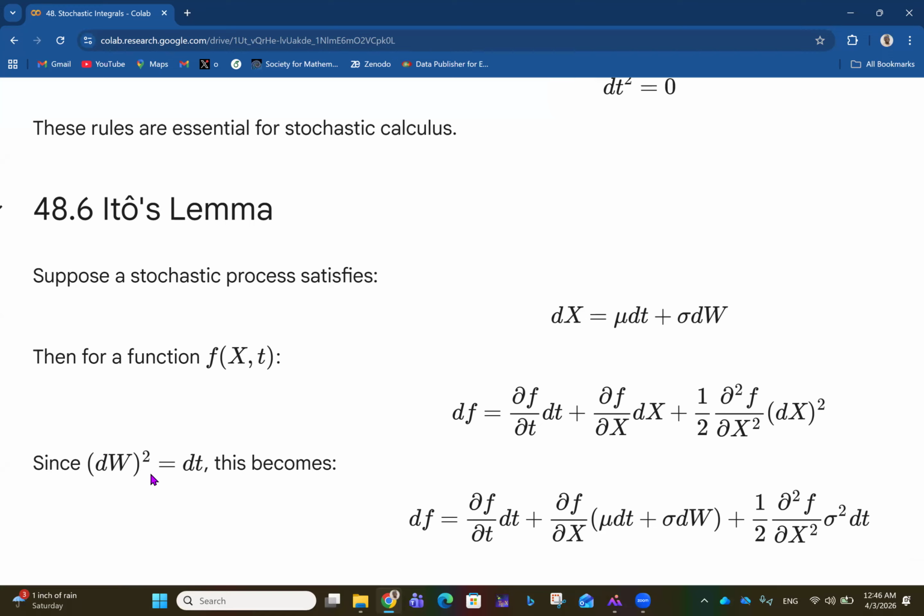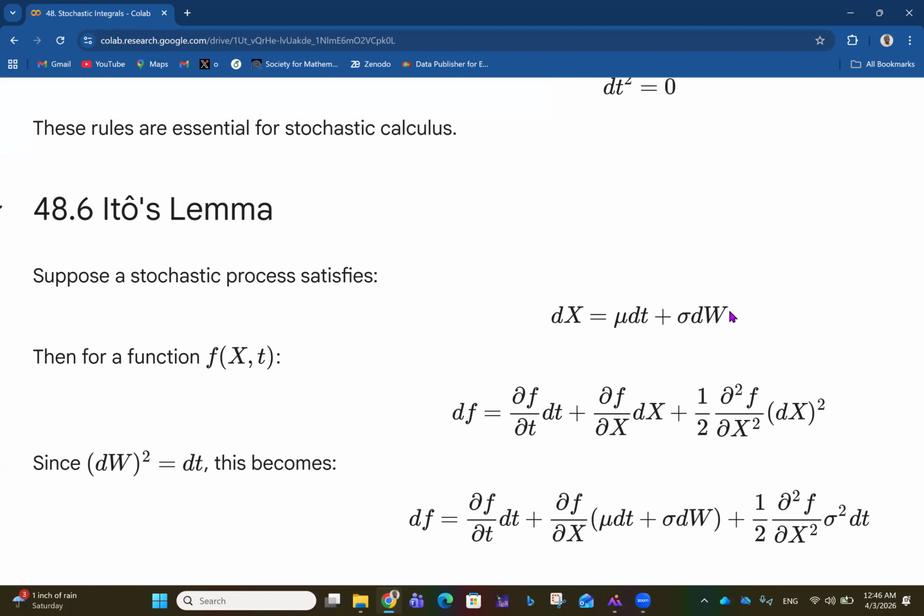Since dw squared is dt, then this becomes df equals partial f partial t dt plus partial f partial x dx. So dx itself now is given as mu dt plus sigma dw, plus 1 over 2 partial squared f partial x squared sigma squared dt. Now, what we are simply saying is that this is dx, right?